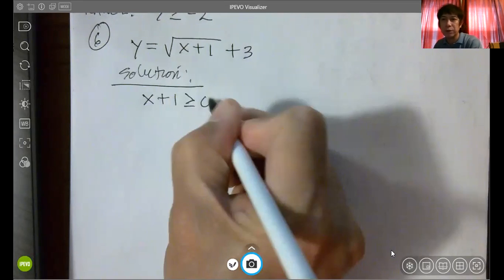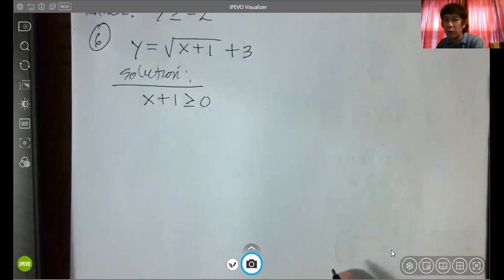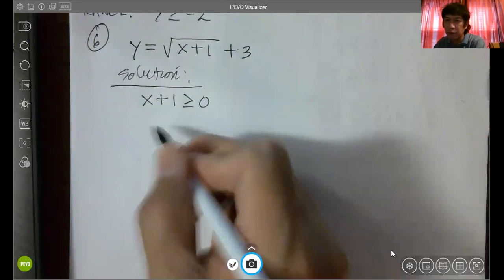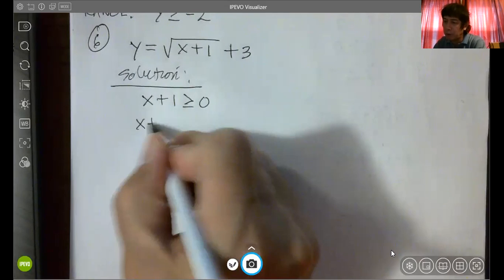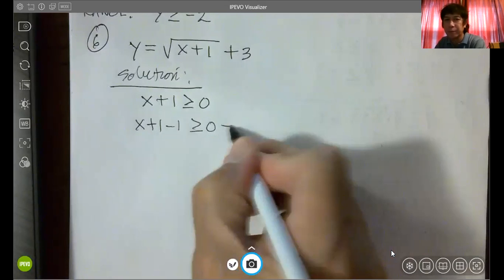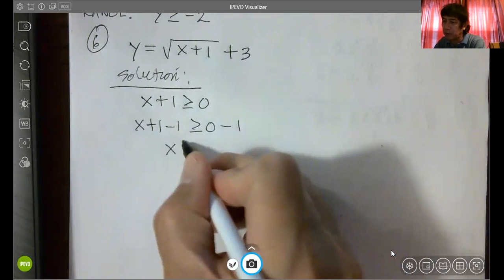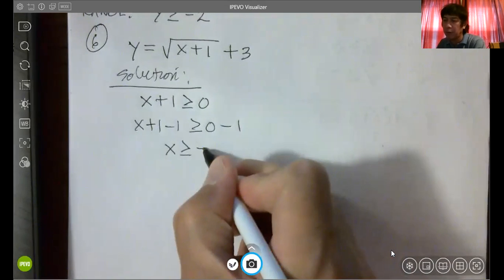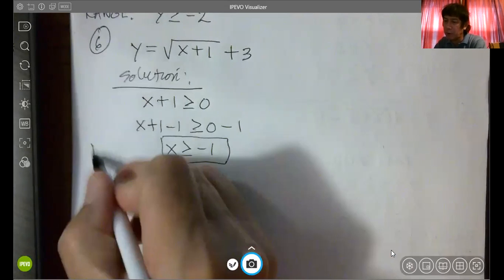It may be equal to 0 or higher. It cannot be a negative value there. And then we try to get the possible values for x. So we simply subtract 1 from both sides to isolate the x. We subtract 1 and subtract 1 there. And so these two cancel out, the inequality is x greater or equal to negative 1. And we have the domain there.